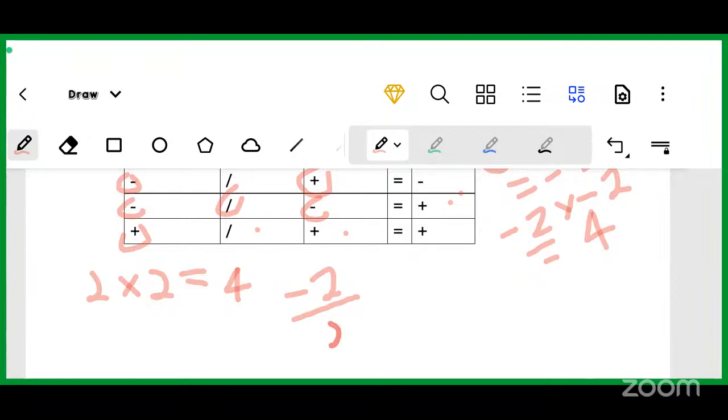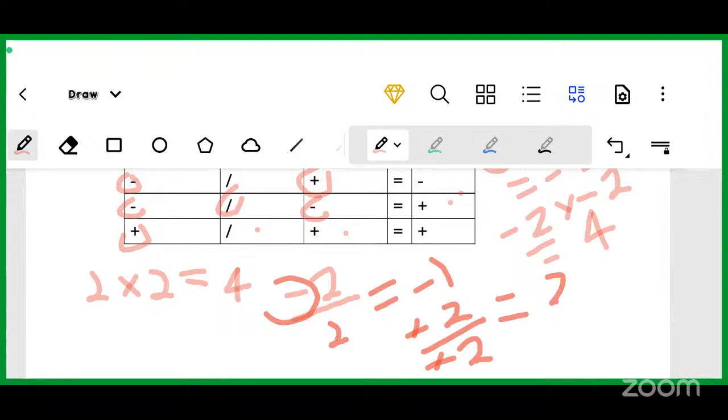If it's negative 2 divided by positive 2, the answer here is going to be negative 1. Why is it negative 1? We have the negative there. If we are saying negative divided by negative, so let's say negative 2 divided by negative 2, the negatives cancel and you remain with 2 divided by 2, which gives you positive 1.